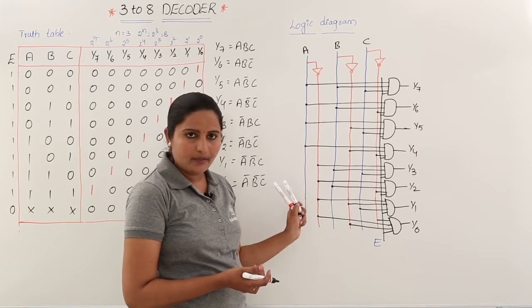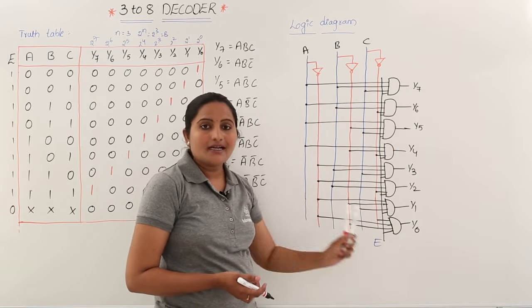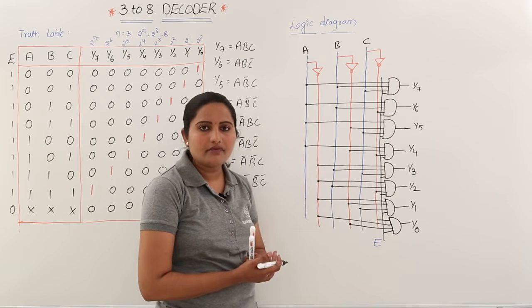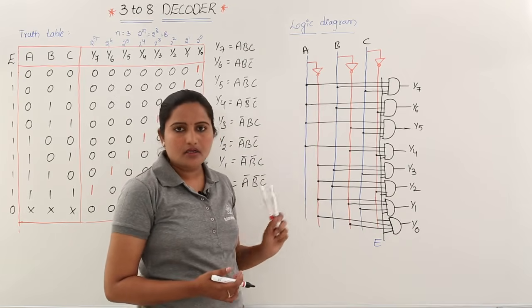Without knowing the other inputs, the AND gates provide 0. That is nothing but the decoder disabled condition when enable is 0. This is the 3 to 8 decoder we designed.